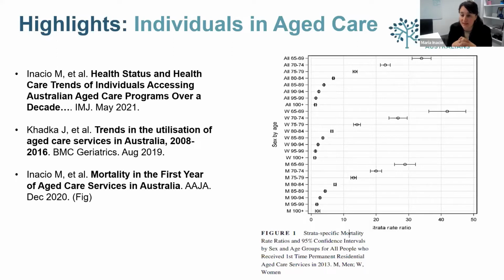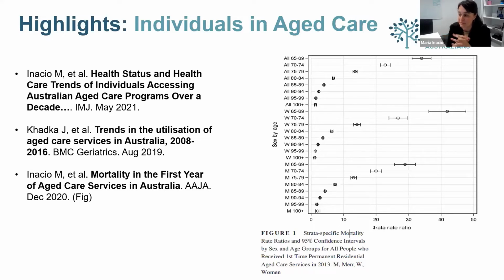We've also looked at the increase in number of service access and how it has changed over time, how even though there is a cap on the number of services, there has been a much greater increase in the use of home care packages than there has been a decrease in the use of residential care services, for example. We spent time looking at mortality and other major health events after people entered services.